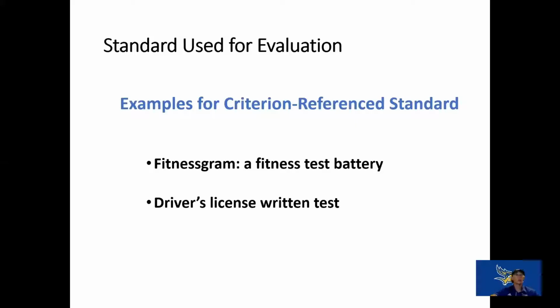Or if you look at this class, Kinesiology 3010, we use a Criterion-Referenced standard. You have to achieve at least 70% of the course to get a C- and to pass the course. If you don't achieve 70% of the content, you don't pass the course. Okay, that's a criterion for passing the course, that 70% mark.